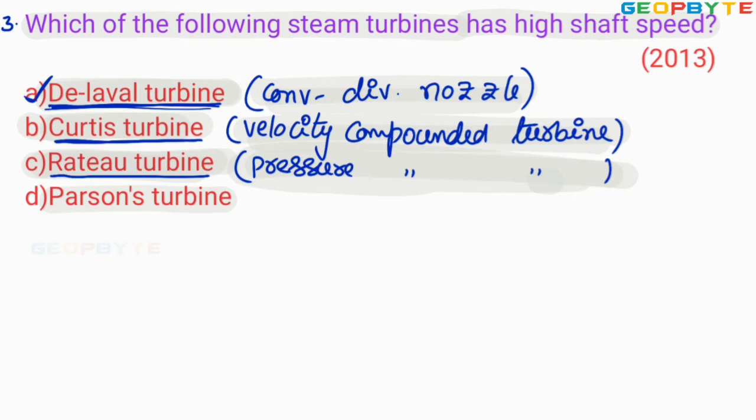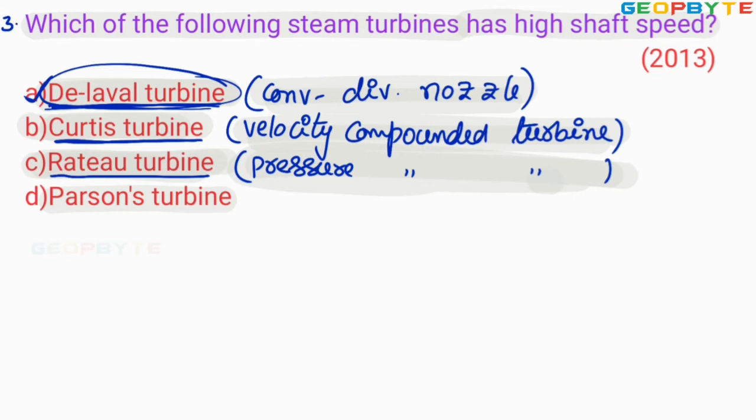Once again, my dear friends, remember the steam is entering the De Laval turbine under supersonic condition. By the time the high velocity steam is expanding in the single stage, here De Laval turbine is the single stage turbine, since the energy transfer from steam to rotor is very high, therefore De Laval turbine is running at very high speed.